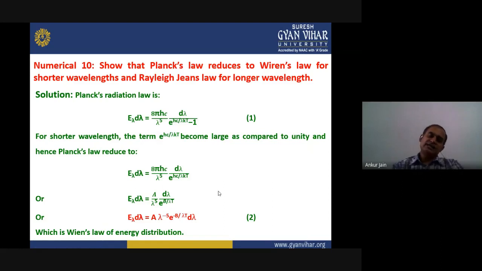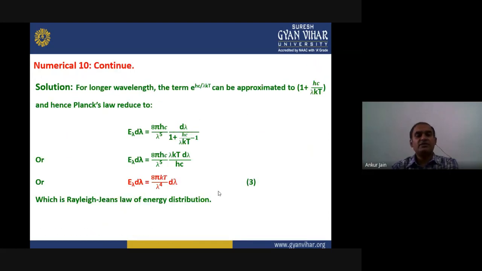Now we will see the second part of this question, that Rayleigh-Jeans law is also derived from the same equation. For the shorter wavelength, the term e to the power hc upon lambda kT was becoming large. But now if we consider the longer wavelength, the term e to the power hc upon lambda kT can be approximated by the rule e to the power x equals 1 plus x.